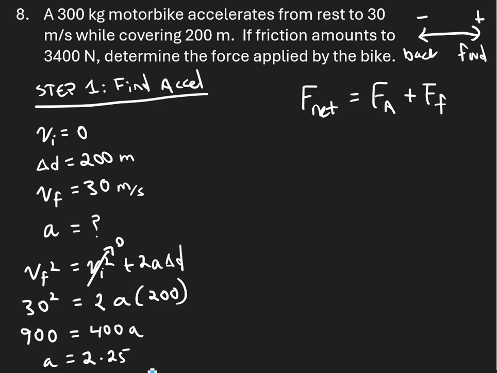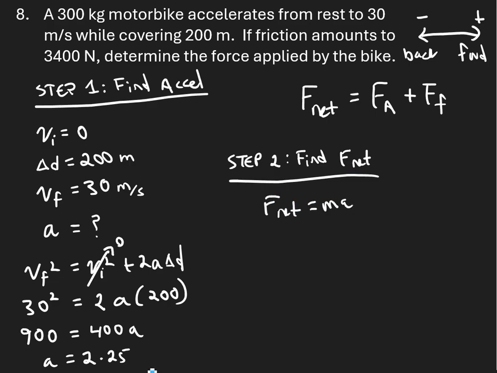That's great. Let's go back up here and let's find net force. We're going to say this is going to be step 2. Find our net force. Well, we know we've got a formula for that. Net force is mass times acceleration.